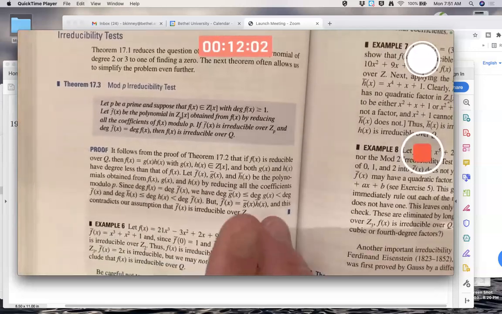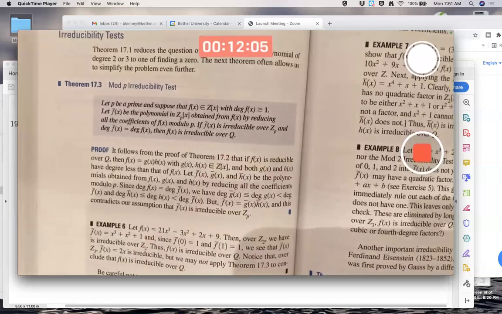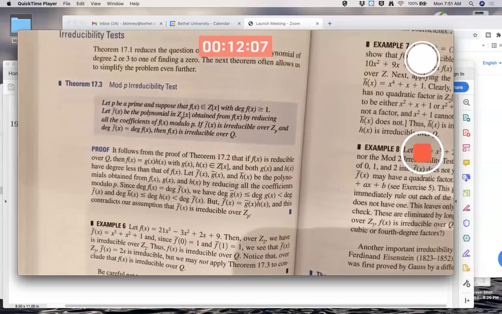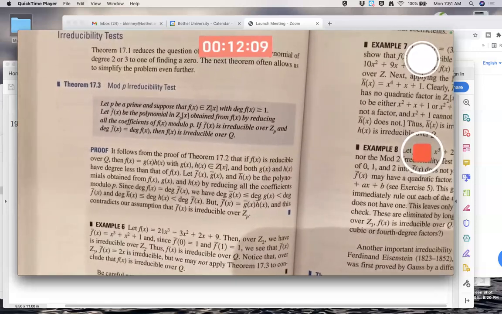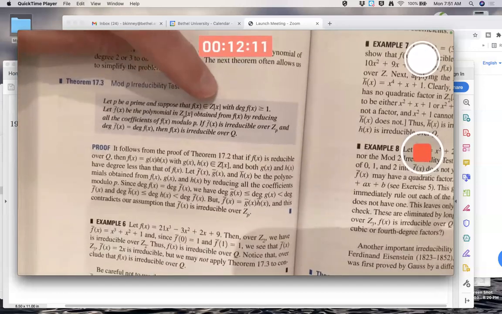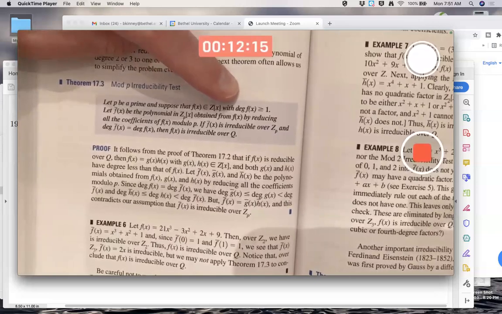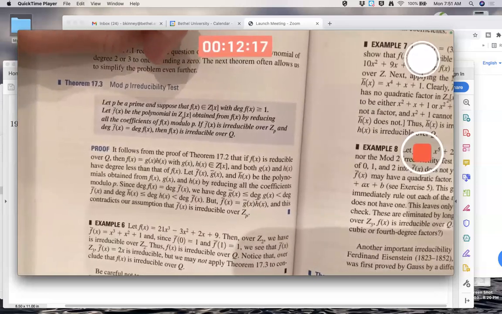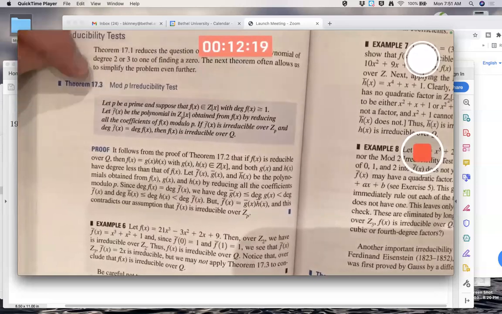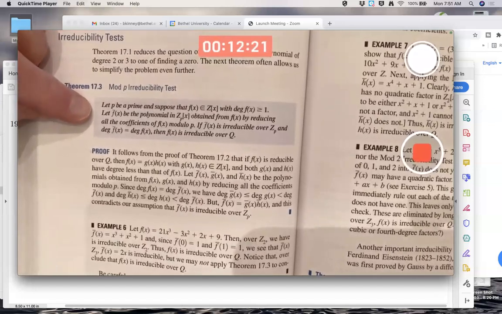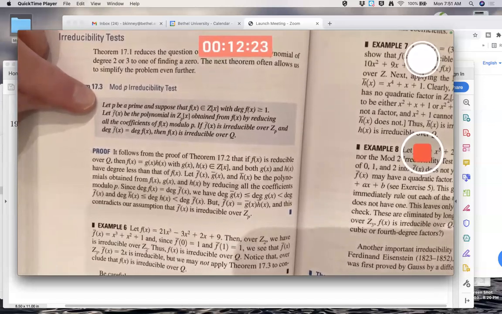This is probably the most useful theorem in chapter 17. Let p be a prime, and suppose you've got a polynomial in Z[x], so the coefficients are integers, and the degree is greater than or equal to 1, so it's not a constant polynomial. So this is a situation where this possibly could apply.